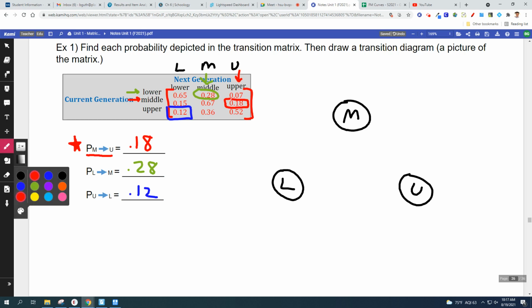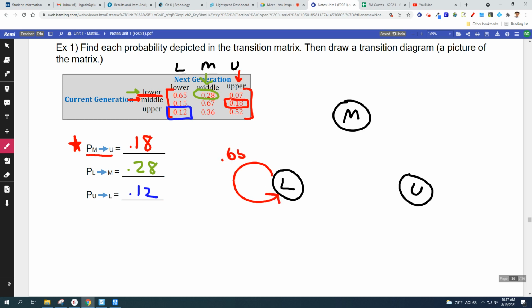And if I'm doing, let's do lower first, all right? Lower to lower, so lower back to itself, is a 0.65 probability. Lower to middle is a 0.28 probability. And lower to upper is 0.07. Now, those numbers should add up to 1.